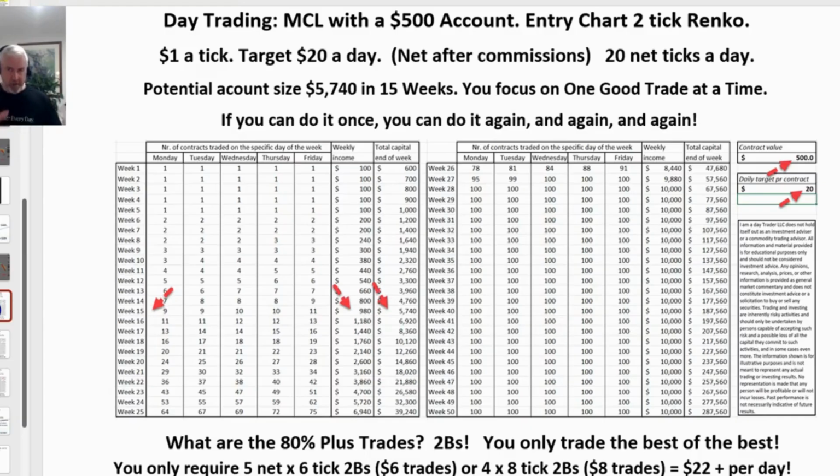Go to the micro, start on the micro. Now one of the challenges with the micro is that your commissions are higher than, say, even trading the micro ES or the NASDAQ or the Dow or the Russell. You're paying around $1.60. I think it's $1.58 or something like that with NinjaTrader. NinjaTrader, I've got no direct connection, except to say they're an excellent broker and their commissions are excellent.